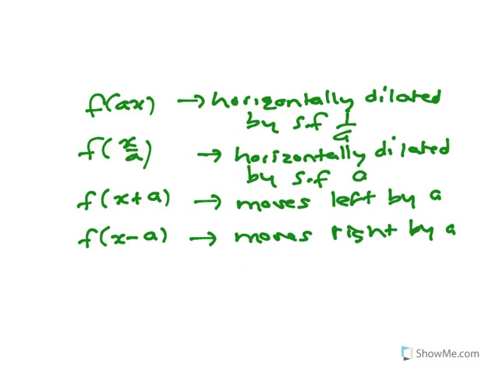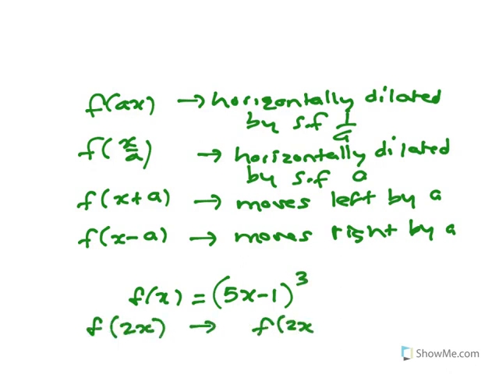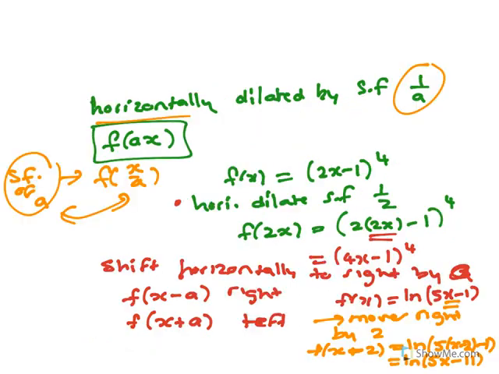And you've just got to be aware that it is the actual x value you are replacing. So if your f of x function looks like 5x minus 1 to the 3, and you're going to dilate by a scale factor of 1/2, that would be f of 2x, and you put that in place of the x value. That's the trick. So that's 10x minus 1 to the 3.